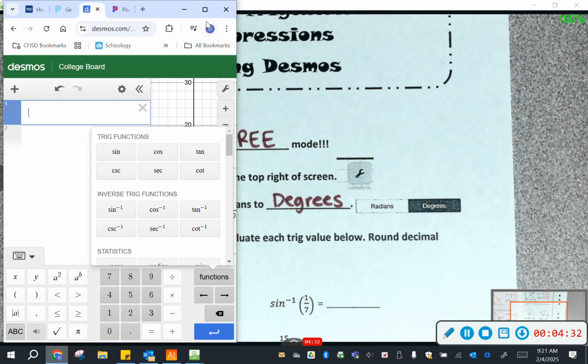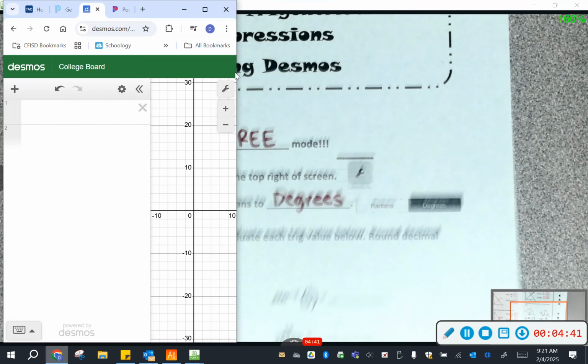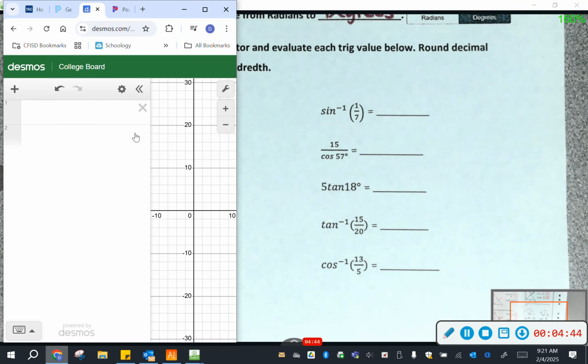So every day when you walk in, as soon as you walk in, you are hitting the wrench, go into degree mode. Otherwise, you will get every question wrong for the day. And I'm going to go through and answer these while y'all are answering them.